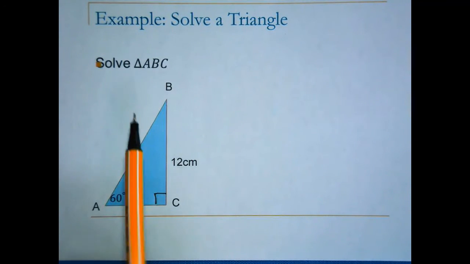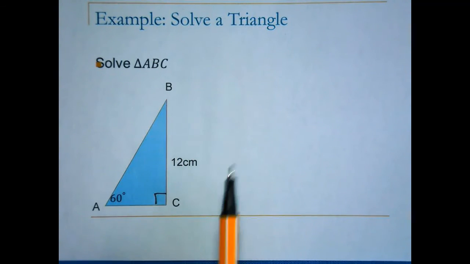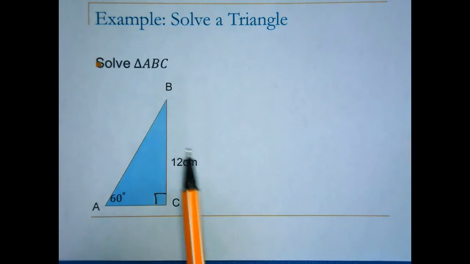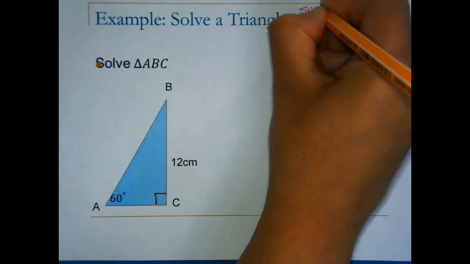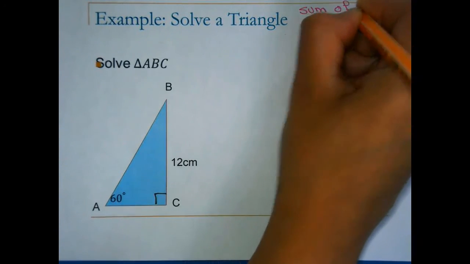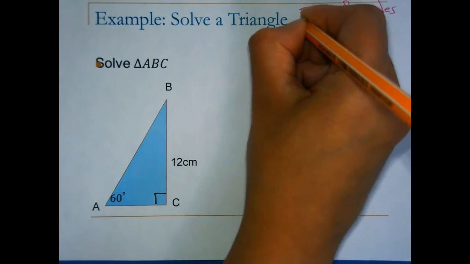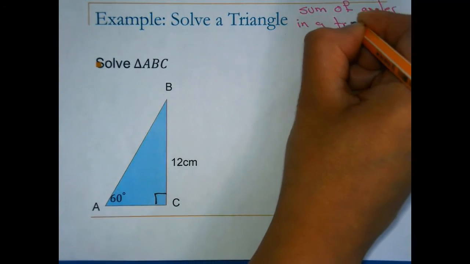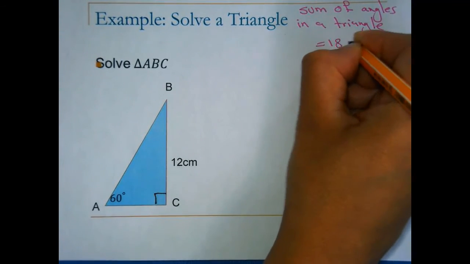Now, we start by finding angle B because I'm sure you remember from previous grade that the sum of angles in a triangle equals 180 degrees.